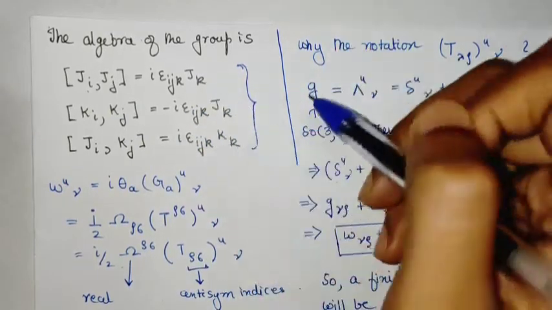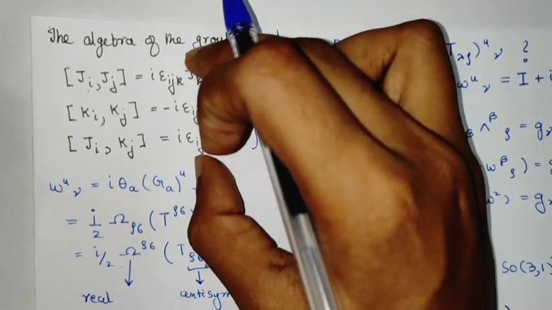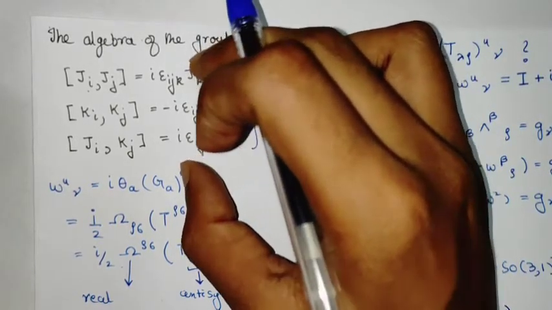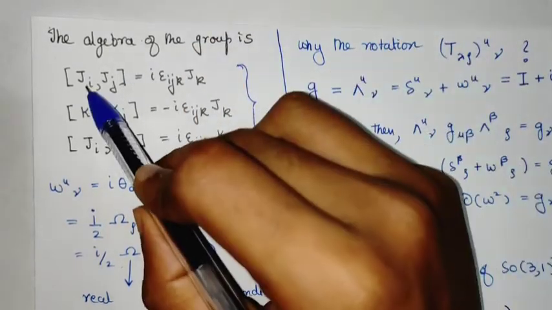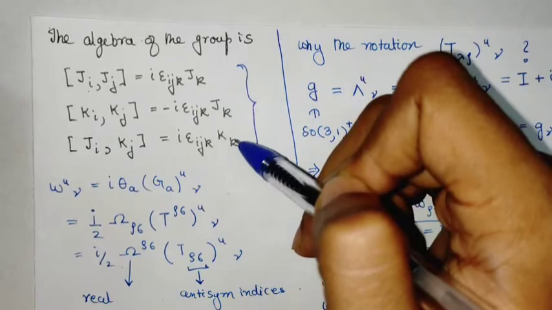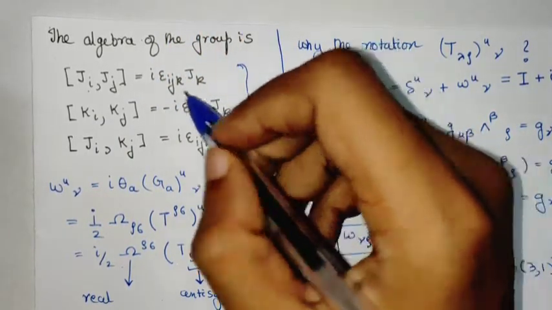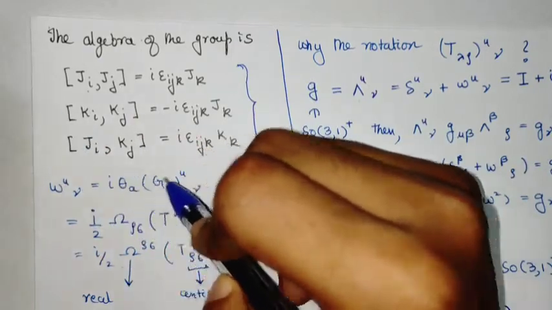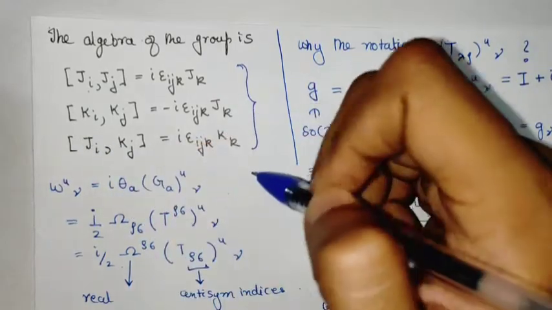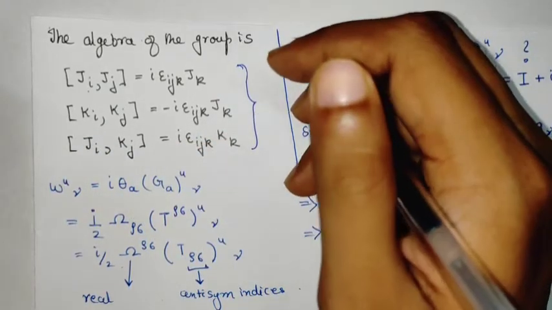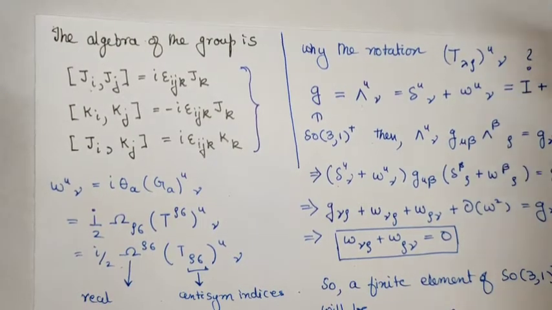This is the algebra of the group, and we can derive it in this 4 vector representation, but the point is it will be valid for every representation. So the algebra of a group is representation independent. So with this, this is the algebra.